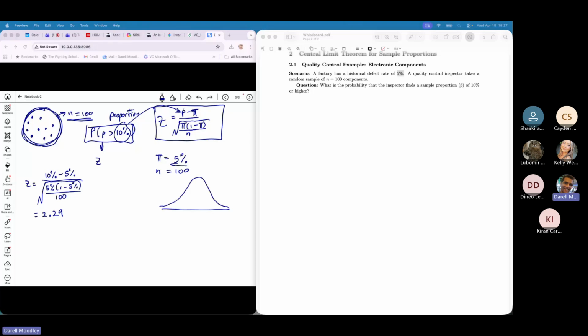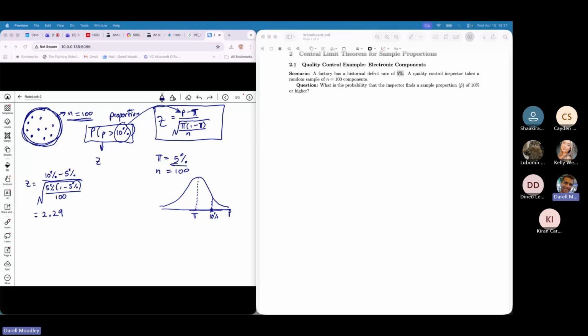Okay, this is your proportions, which is centered at the true proportion value, and this is your p-values along the axis. So what you're trying to solve is, you're looking at where there's 10% on this axis from this value here, 10%, and you're looking at what is the probability of p greater than 10%.